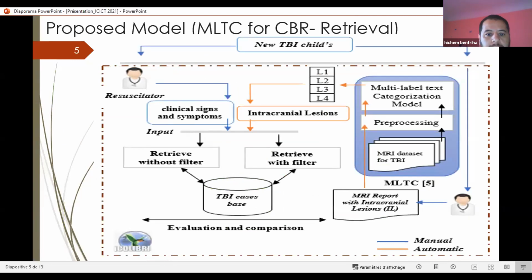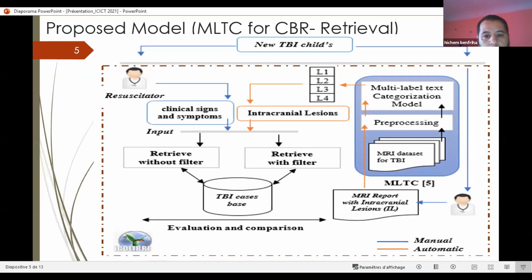As you can see, this is the proposed approach. The case acquisition process includes firstly defining manually the new TBI situation case for a child who suffered from massive brain injuries. So the resuscitator defines the TBI situation with clinical and paraclinical symptoms.